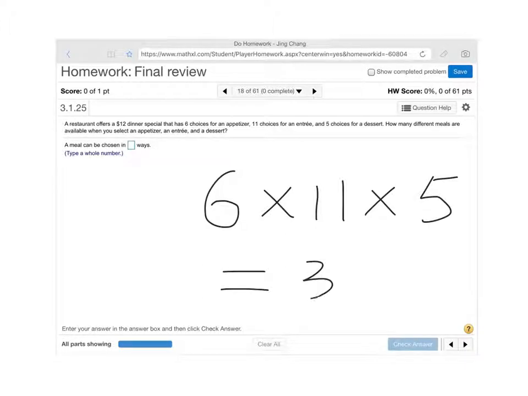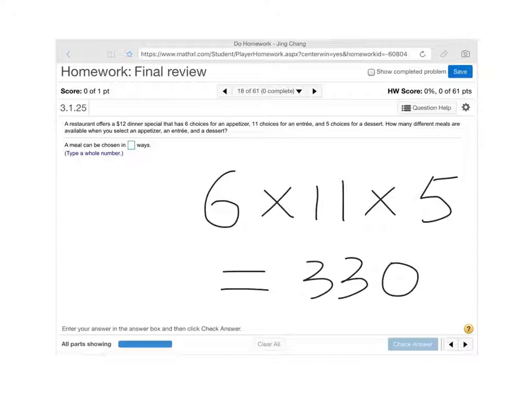So it's 330, and that's the answer, because we just count how many ways one event can happen times how many ways the other event can occur. It's like a sequence. Appetizer 6 ways, entree 11 ways, and the dessert 5 ways. So that's how you figure out this problem.